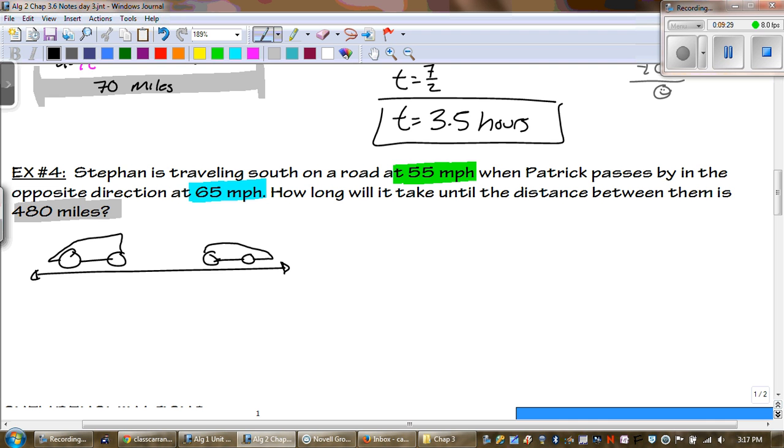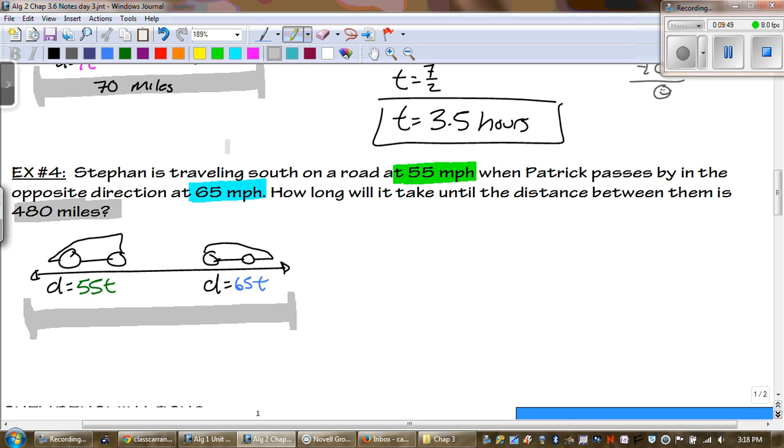So my first one, the distance equals 55t. And the distance for our other guy is 65t. And I want to know when in between them it's going to be 480 miles.